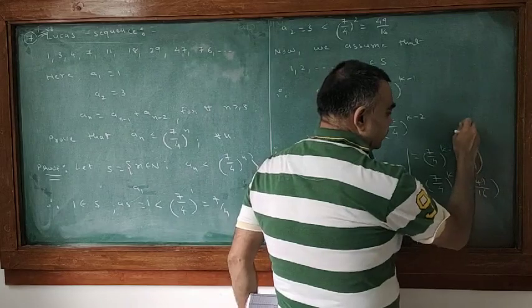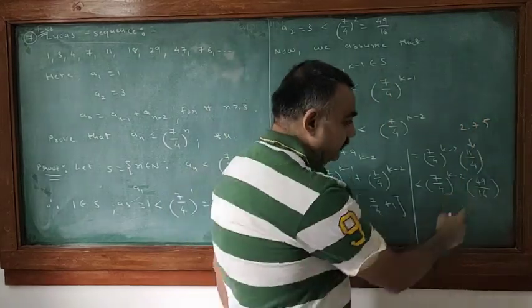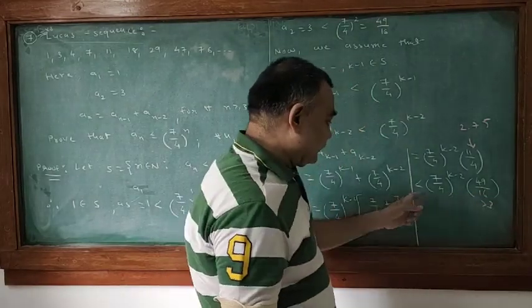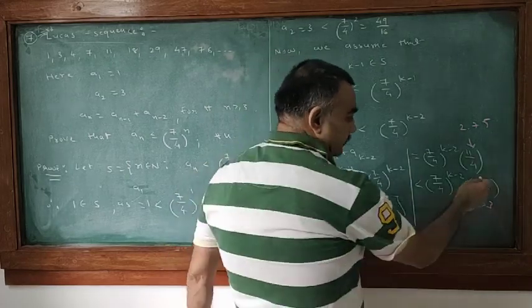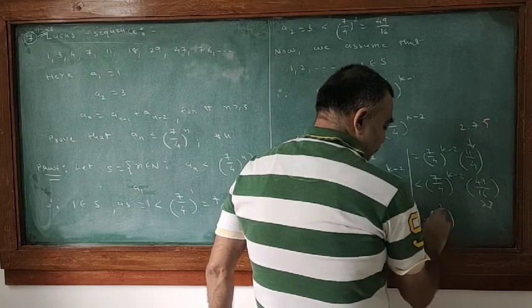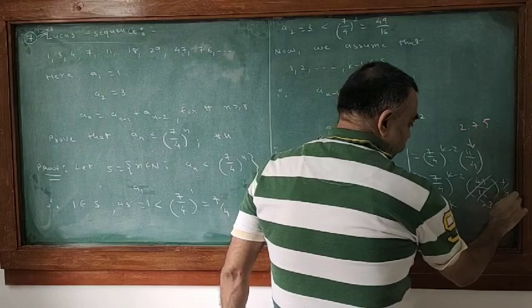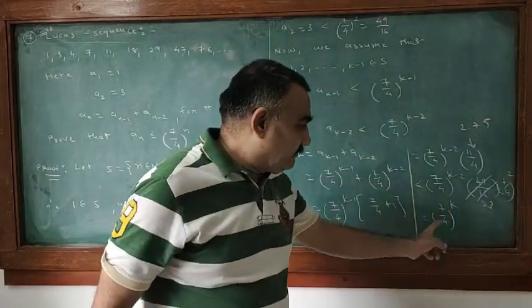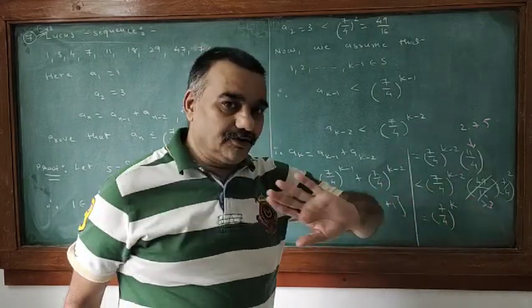The value of this is 2.75, and the value of this is greater than 3, and therefore obviously this is less than this. And this is 7 square by 4 square, so it is (7 by 4) to the power k, which means ak is less than (7 by 4) to the power k.